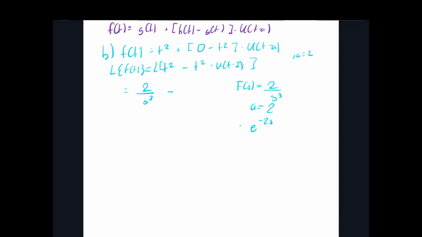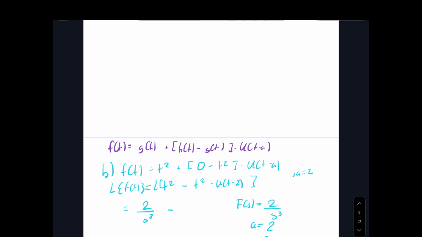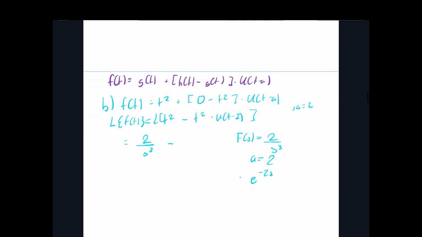And this question is where I completely was getting lost when I was doing it. And even then, I'm going to show you how it's supposed to be done. But yeah, C is actually a lot easier than this. So you'd think that by doing this, you're just going to have t over s cubed times e to the negative 2s.